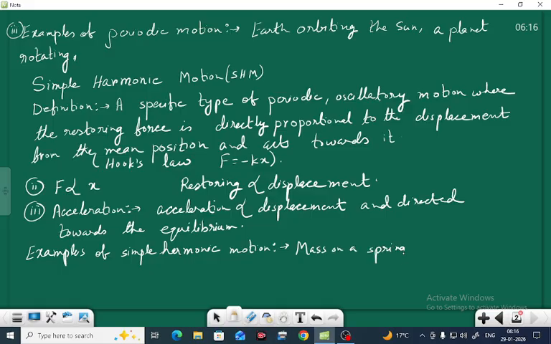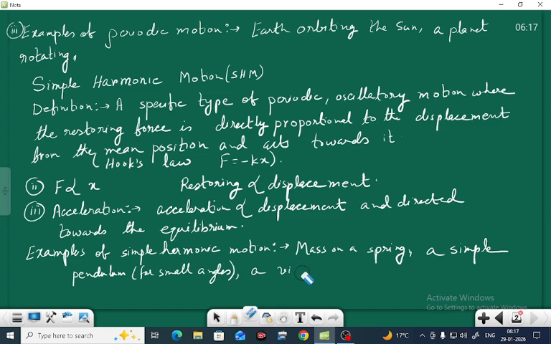It is an example of simple harmonic motion. A simple pendulum, but for small angles. A vibrating string. All these are examples of simple harmonic motion.